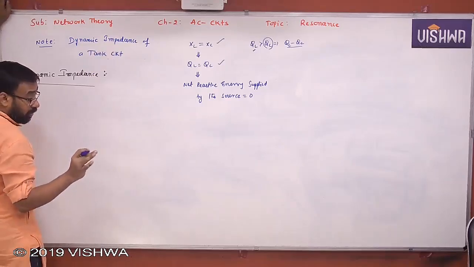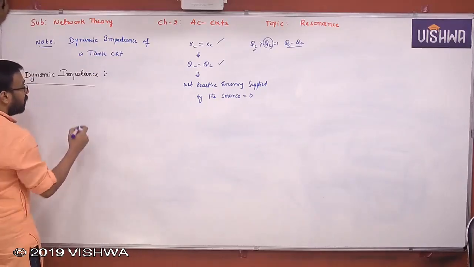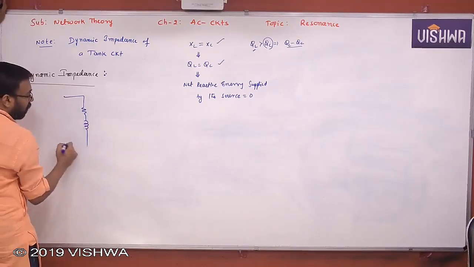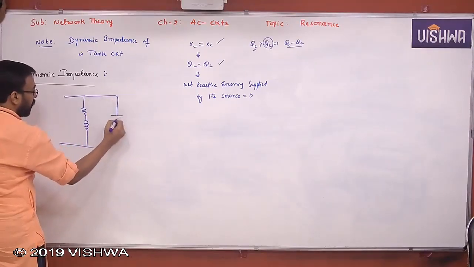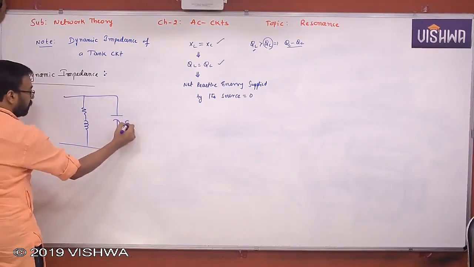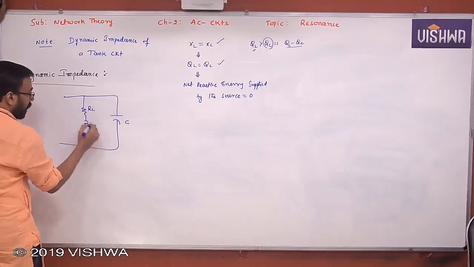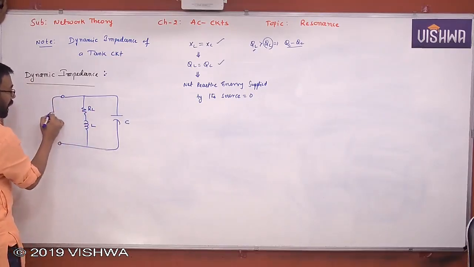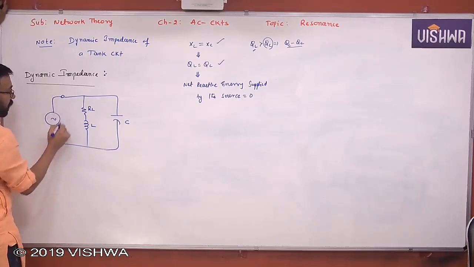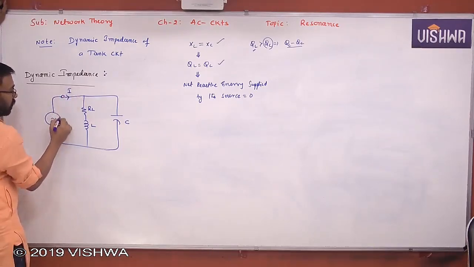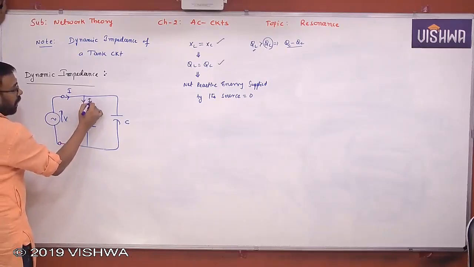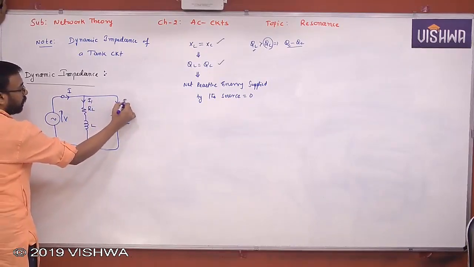Clearly written, all of you? Well, now look at this. For a tank circuit, there is a simple procedure, a phasor diagram approach, to derive that dynamic impedance. Very simple. This is RL, L. Let us say this is I, this is V, this is I1, this is I2.